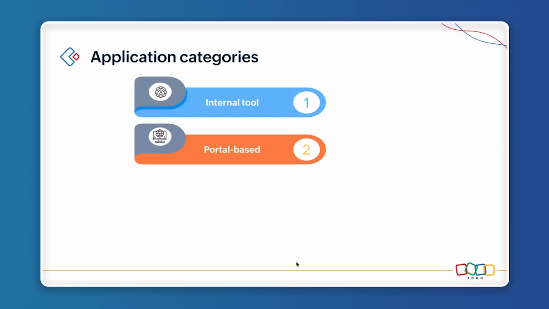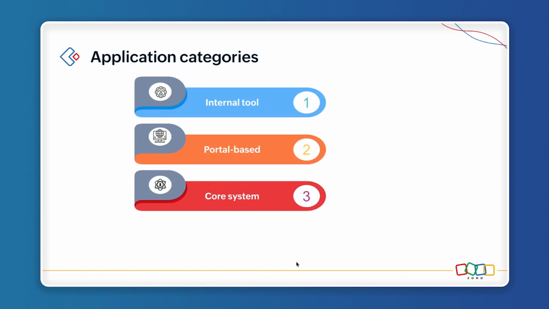If I'm trying to build an application to manage my vendors, suppliers, or customers, I can build the application and give portal access to those people. Those kinds of applications come under the category portal-based applications. And the third category is the core system. If I'm trying to build an application with all the processes combined in a single place, then those applications come under the category core system.